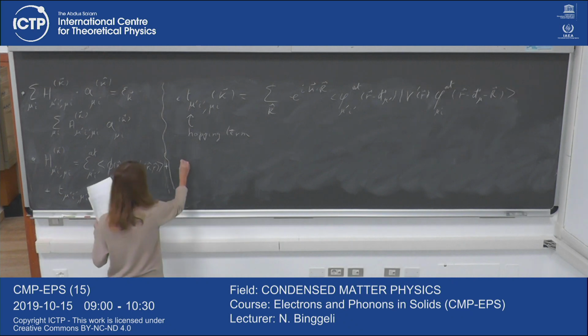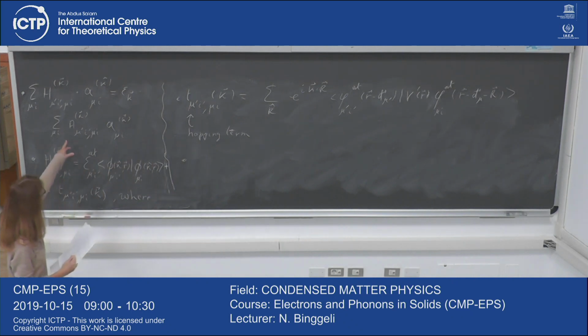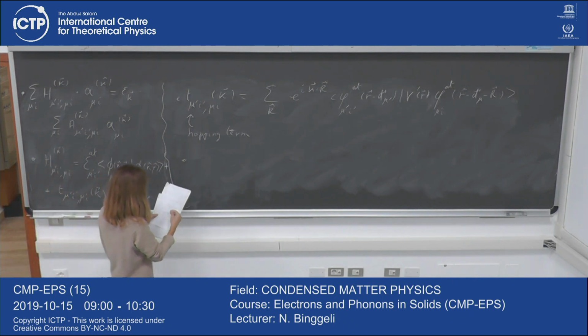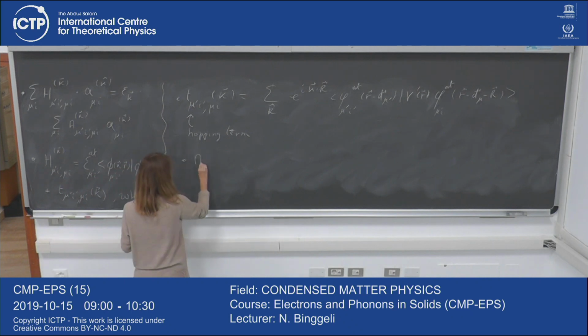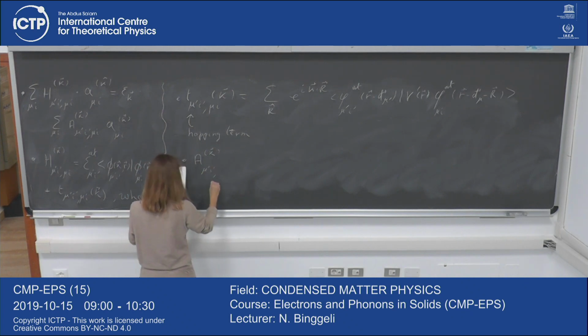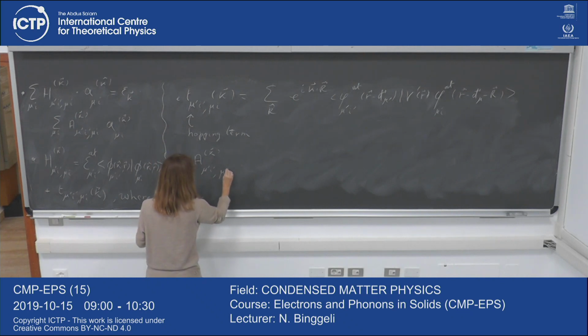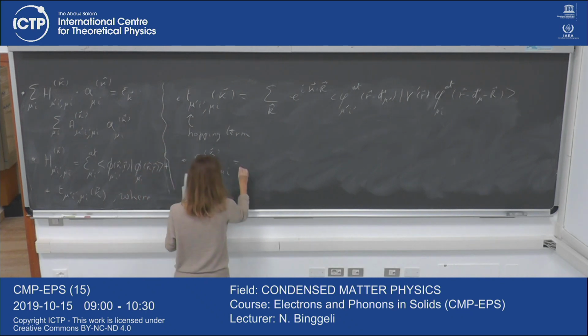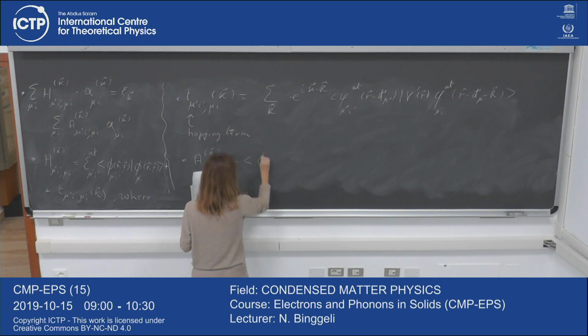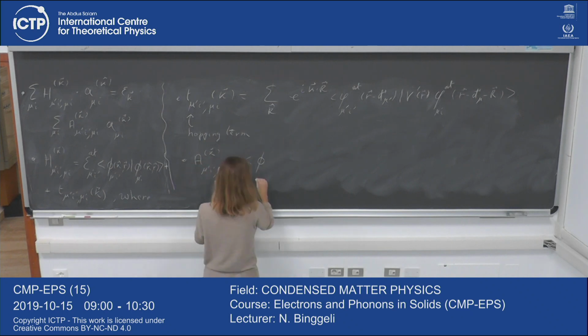And finally, this A matrix has the matrix elements which are the overlap terms between the tight binding functions.